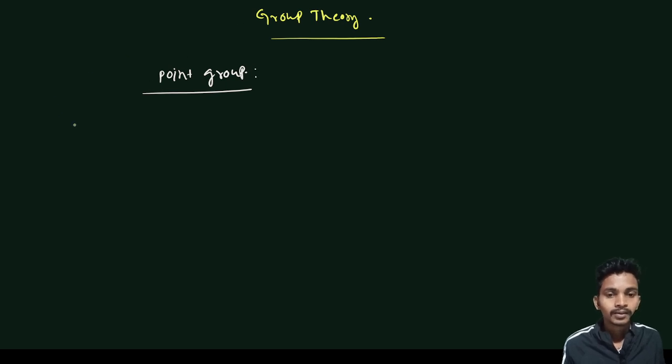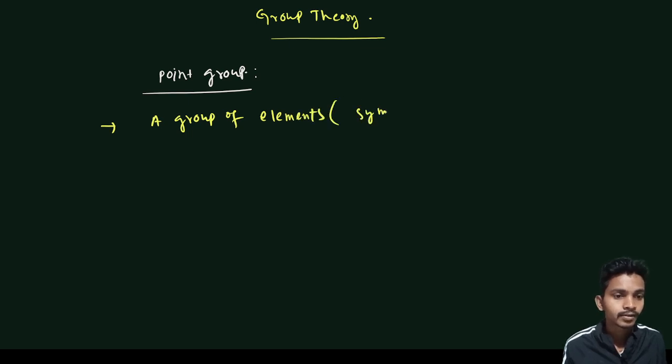If we define the point group, it can be defined as a group of elements. Here, elements means symmetry operations. Like a group of elements means a group of symmetry operations, like we can say Cn axis, sigma, and improper axis.